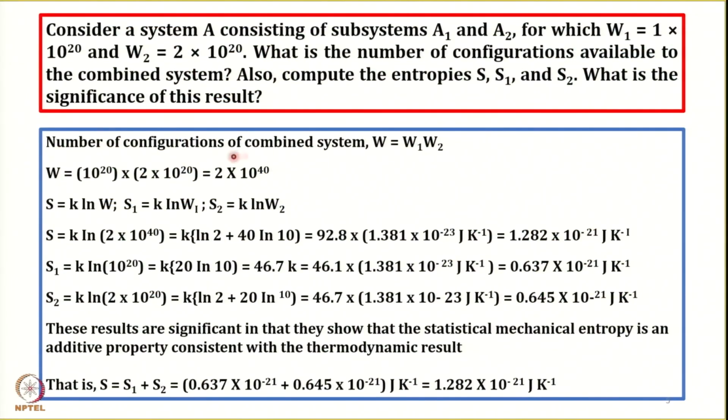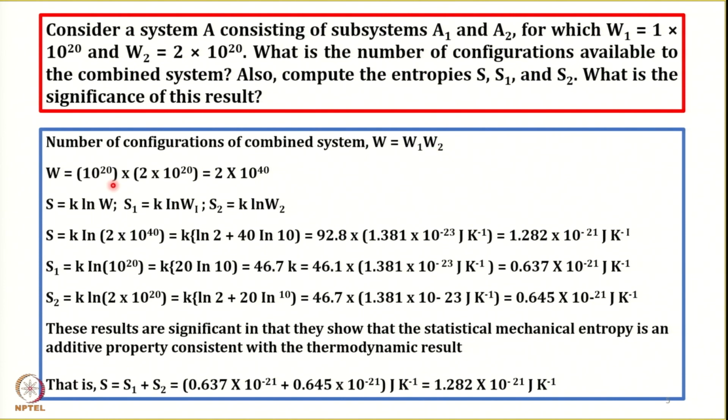Since there are two subsystems, A1 and A2, if W1 is the number of configurations in system 1 and W2 in system 2, then the number of configurations of the combined system is W1 into W2. Simple mathematics.